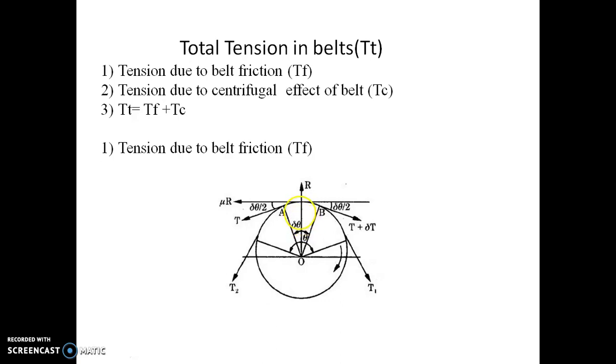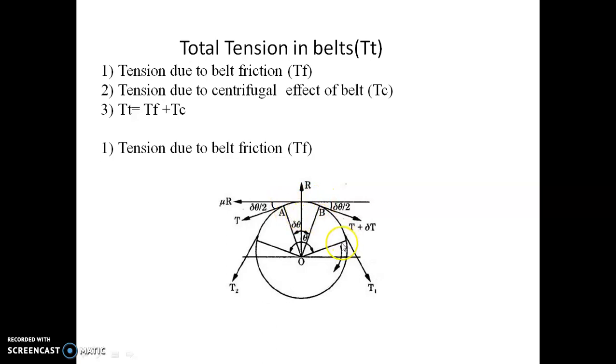Then the element AB will be in equilibrium position under the different forces. Those are, at point A the tension is T, at point B the tension is T plus delta T, then normal reaction at the center R, and frictional force mu R. Under these forces the element AB is in equilibrium.